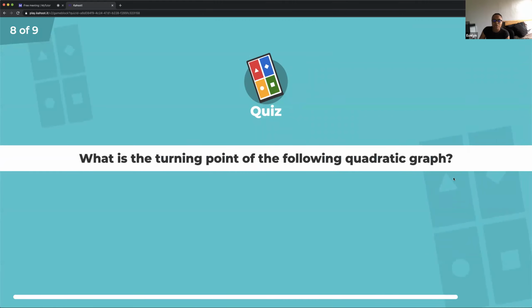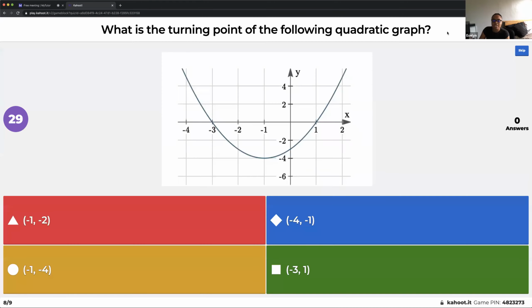Second to last question, what is the turning point of the following quadratic graph? So have a look at this graph. What is the turning point? What is a turning point? Be careful with the way how you write your coordinates.